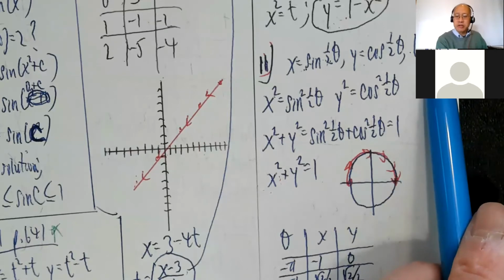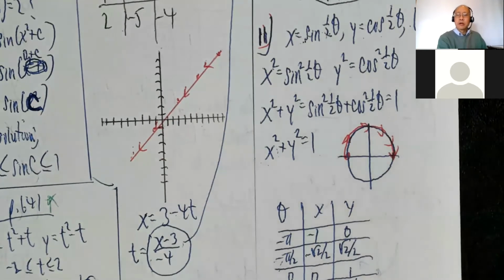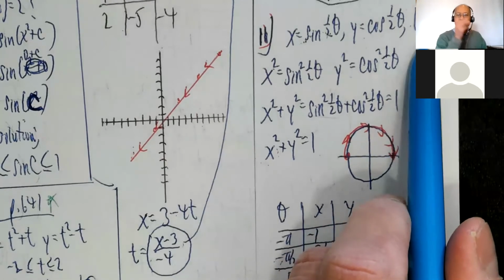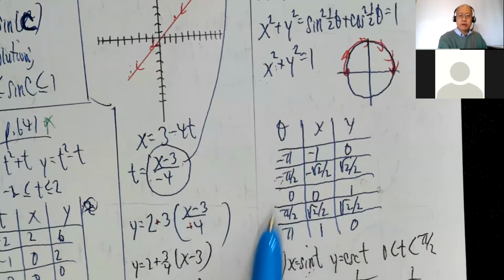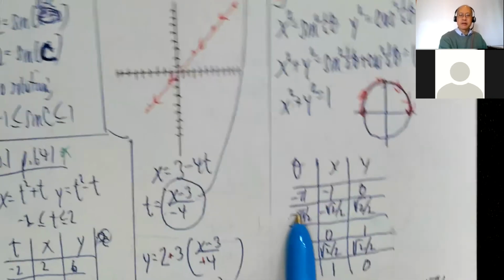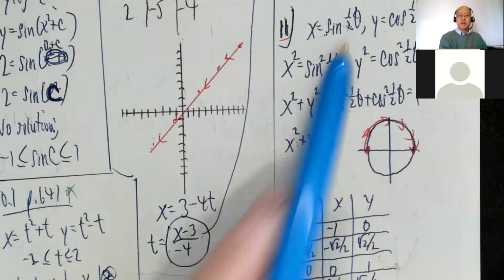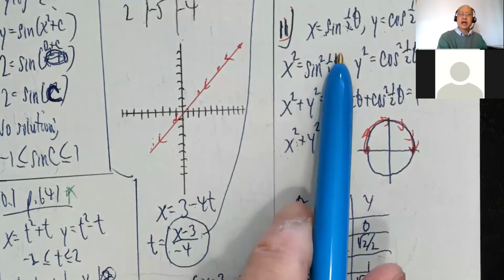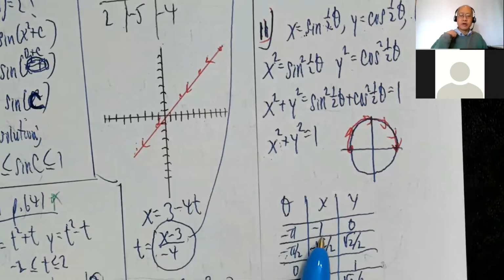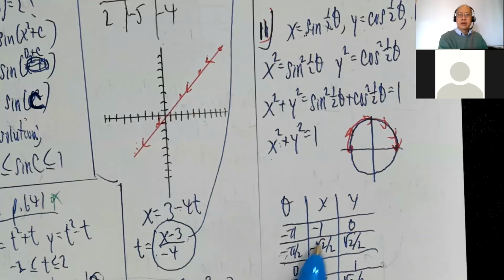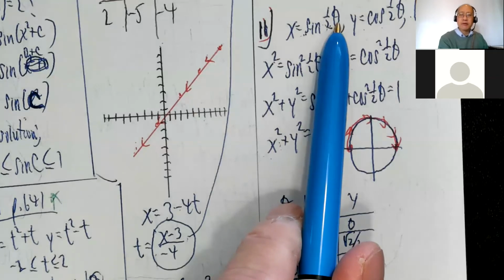So that's where I have to make a little table based on that. I'm going from negative pi to pi, so I make a little table: negative pi, negative pi over 2, 0, pi over 2, and pi, and I plug in. If I plug in negative pi, I'm taking the sine of negative pi over 2, negative 90 degrees, the sine is negative 1. If I plug in negative pi over 2, half of that is negative pi over 4.